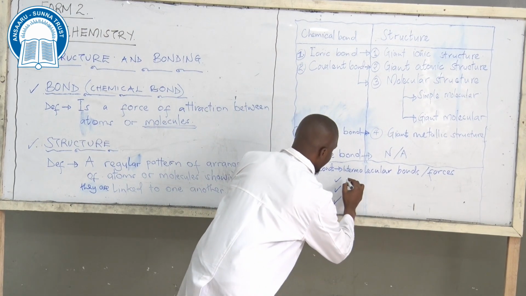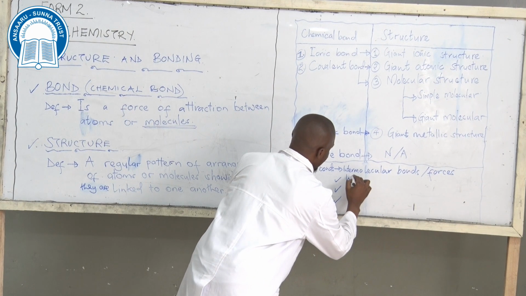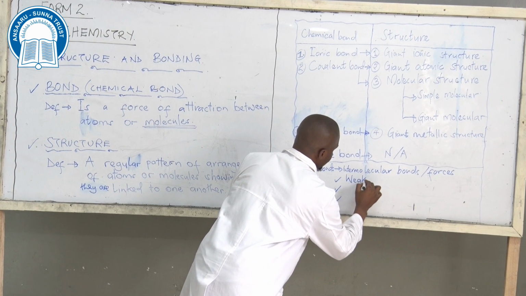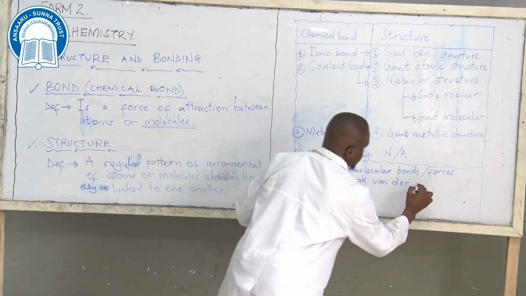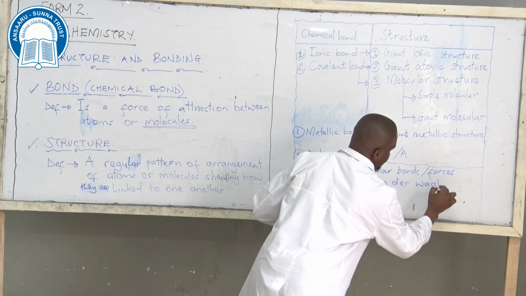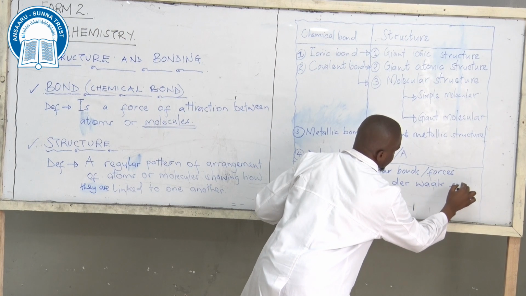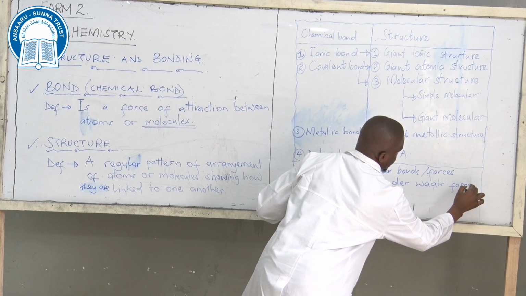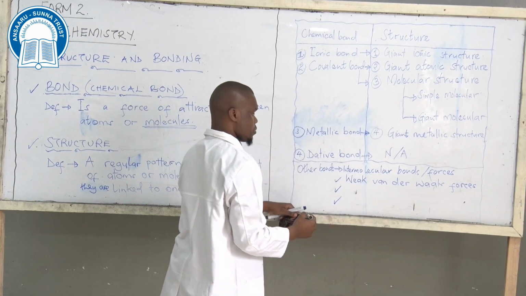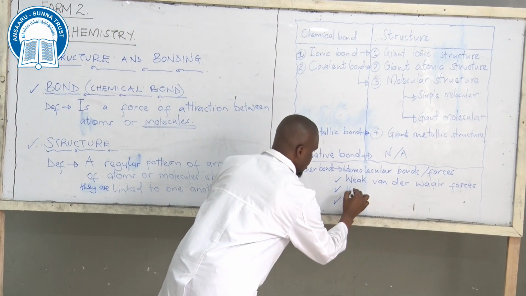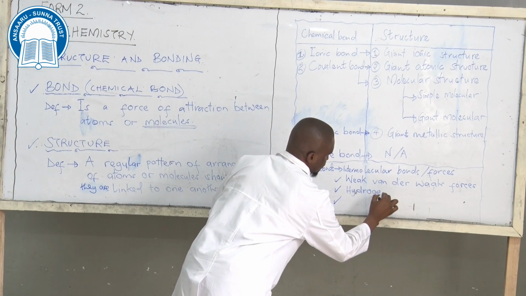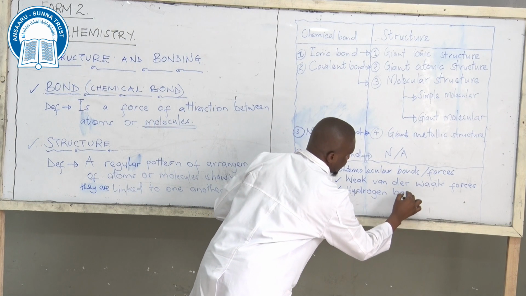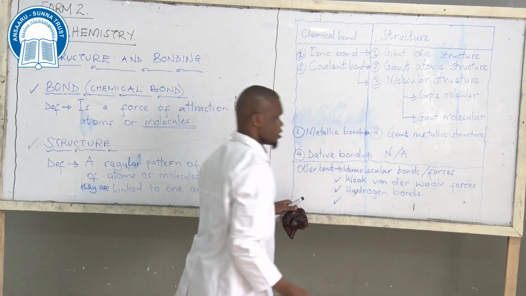So the first one we have is one commonly known to us, that is weak van der Waals forces, as intermolecular bonds. Then we have what we call hydrogen bonding, or just hydrogen bonds.